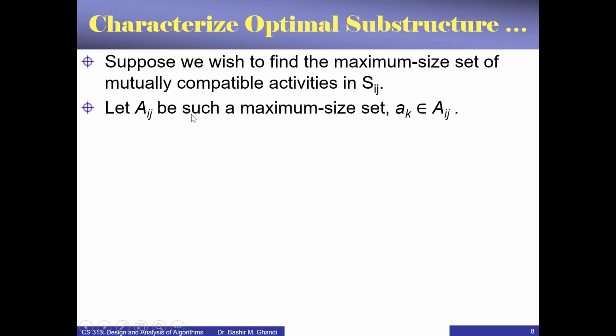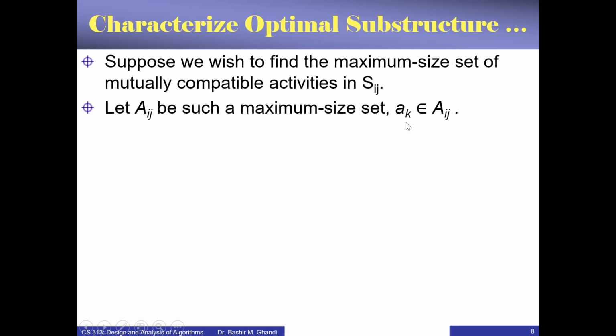So let Aij be such a maximum size set of mutually compatible activities in Sij. Let us further assume that this optimal subset contains an activity called Ak. So Ak belongs to Aij.